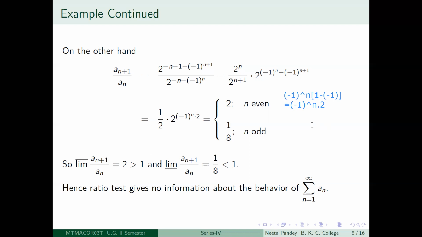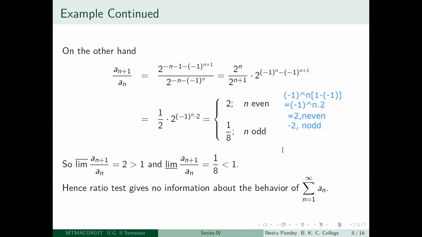So now let us see. What is this actually equal to? If you take n to be even, then it becomes equal to 2 when n is even, and what is it equal to when n is odd? Then it becomes minus 2 when n is odd, right?